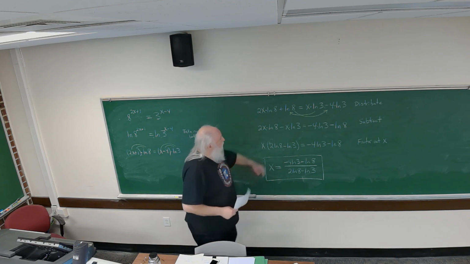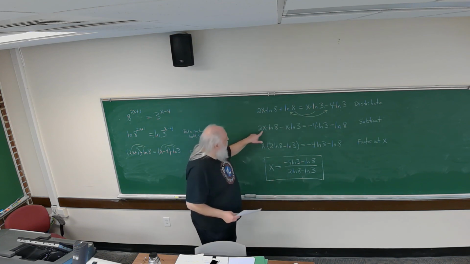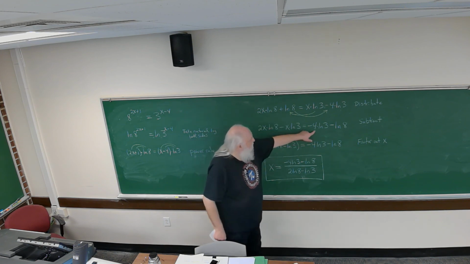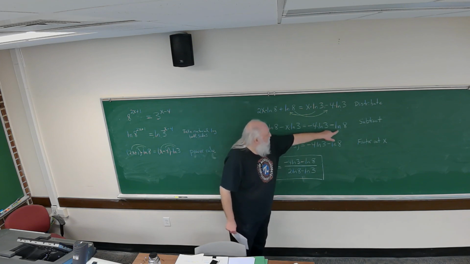And when we subtract x times the natural log of 3 from both sides, we get 2x times the natural log of 8 minus x times the natural log of 3 on the left. And then when we subtract the natural log of 8 from both sides, on the right-hand side, we get minus 4 times the natural log of 3 minus the natural log of 8.